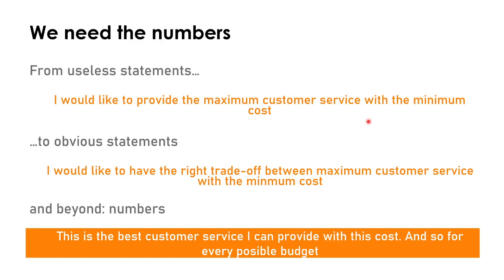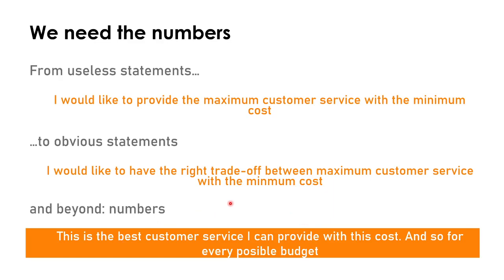This is obvious, but it doesn't lead us to making a decision. But if we have, for every possible cost, the maximum customer service we can provide, or the other way around, for the different options of customer service, the cost we need for that, that allows us to make a decision, and that's why these approaches are valuable.